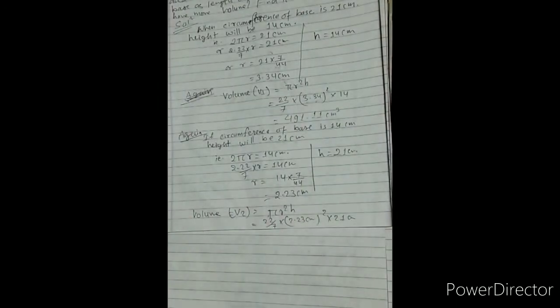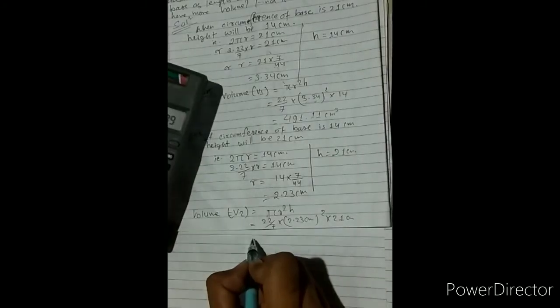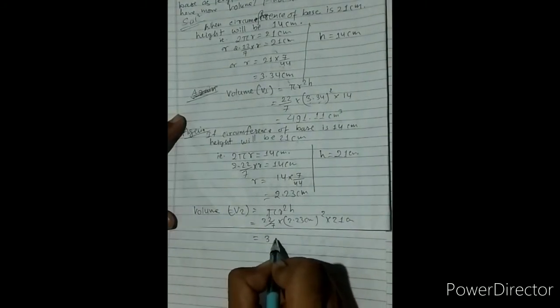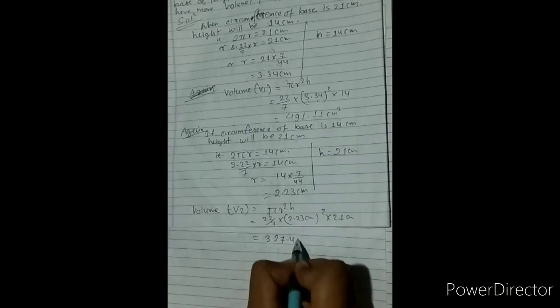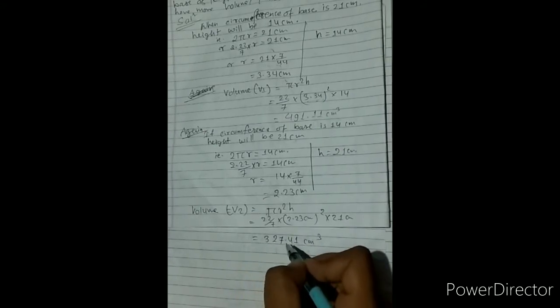Divided by 7, 327.41 centimeter cube. Now, which is more?